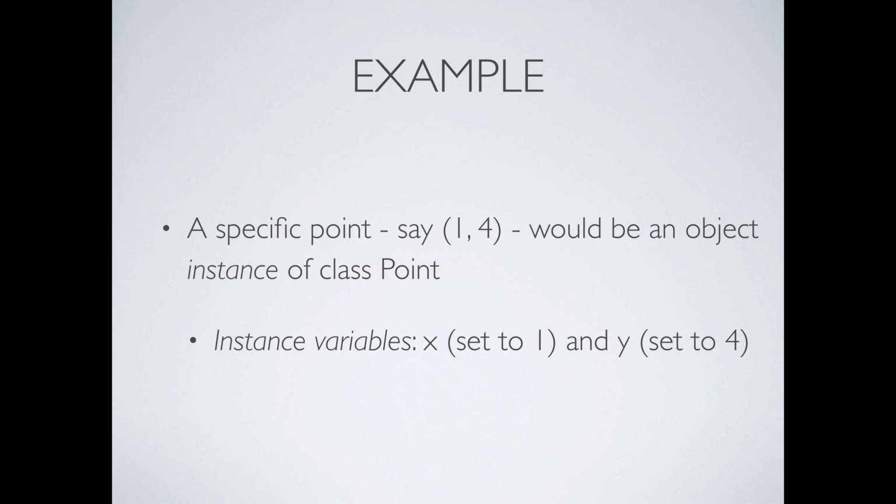You can think of it as, their scope is their particular object instance. In this class, you can have a bunch of different points. Let's pick out a specific one, 1, 4. That is a specific object instance. This object instance has instance variables x and y such that x is set to 1 and y is set to 4.